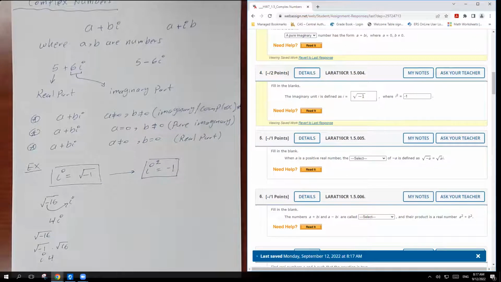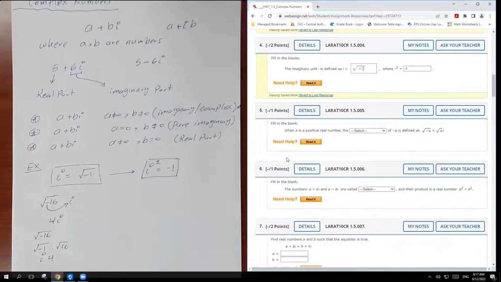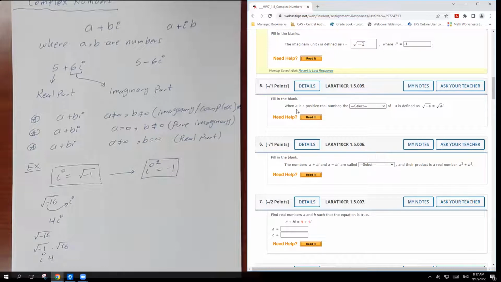The same thing with the next example. They say when a is a positive real number, the square root of a negative a is defined as, now check here, the square root of -a. a is a positive number, it's exactly like this example. -16, the negative sign is the i.